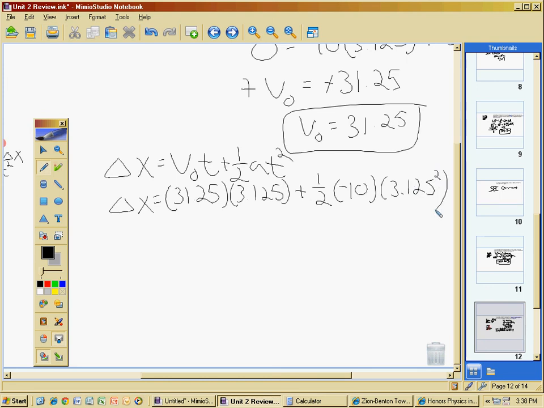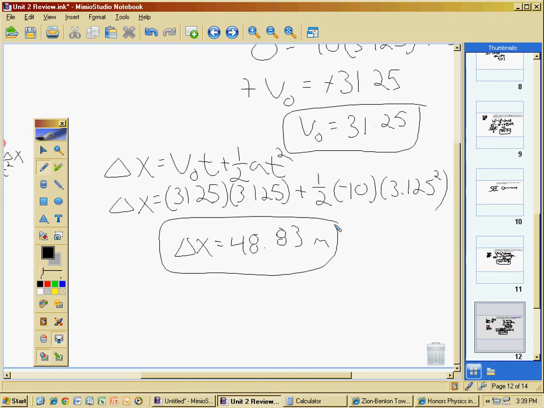Plug all that into your calculator. I'm going to avoid using the in-computer calculator just because I'm going to screw it up. That calculator is awful. So as I type this into my handy-dandy little TI-83 that you should all have, what you're going to get is 48.83 meters.